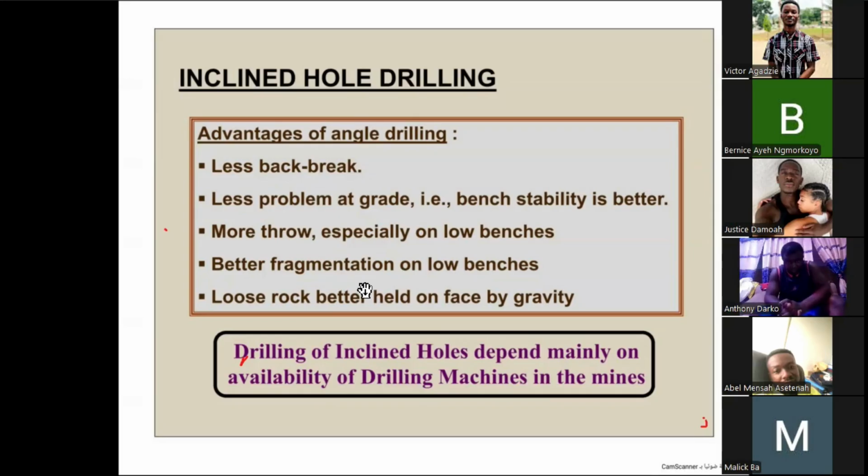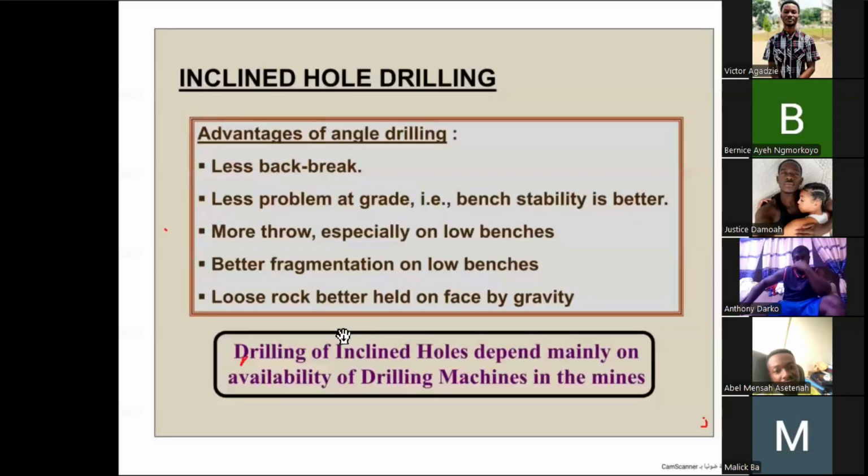If the bench that you are blasting has ore in it, you have to make sure your pattern size is such that you will get good fragmentation, because at the end we have ore, so you have to recover it. But if you increase your pattern size, that is, you widen your burden and spacing, you end up getting poor fragmentation and even boulders. You don't want that to happen where we have ore.